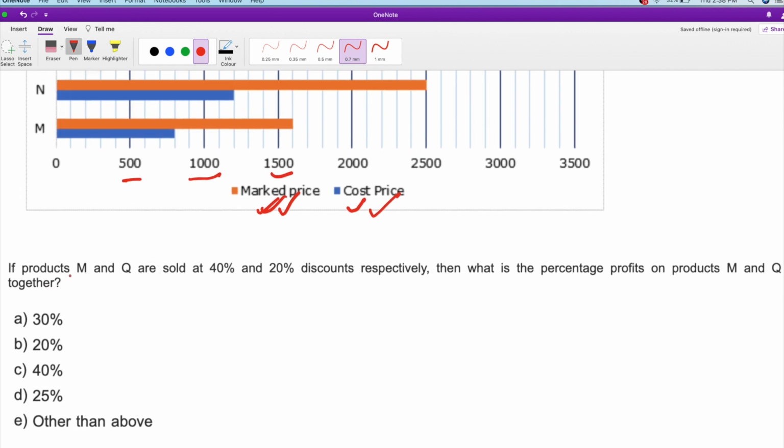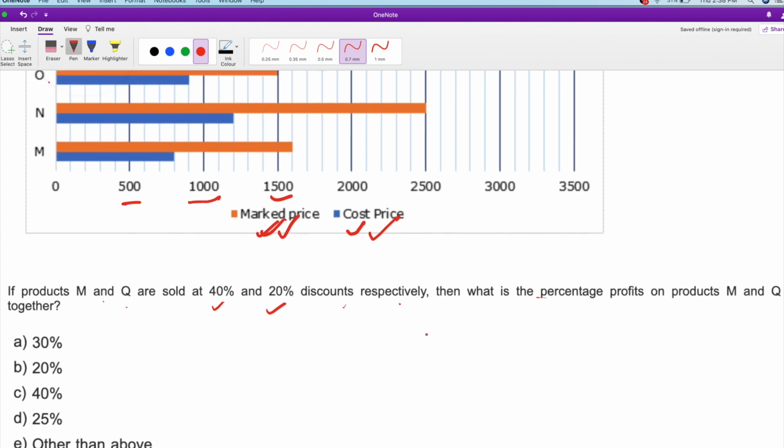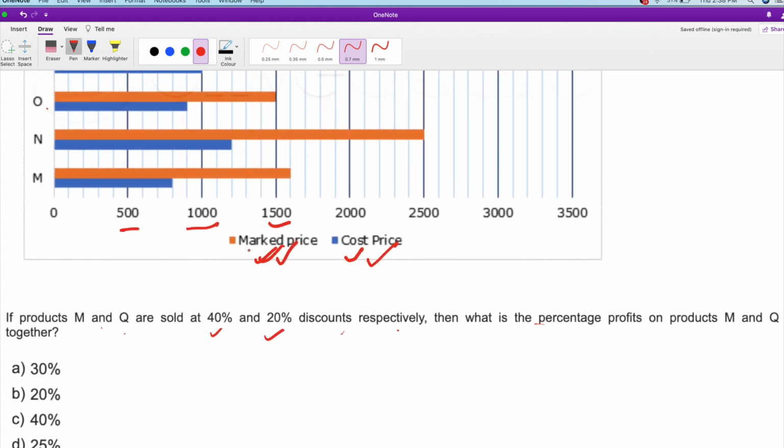This is the first question. If products M and Q are sold at 40% and 20% discounts respectively, then what is the percentage profit on products M and Q together? So what is the marked price of M? Let's first understand the divisions.